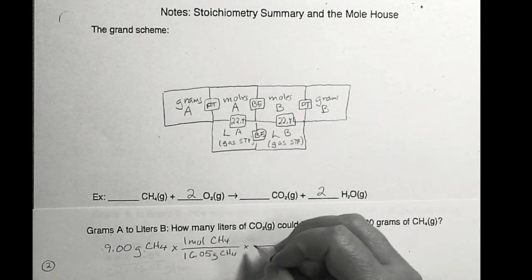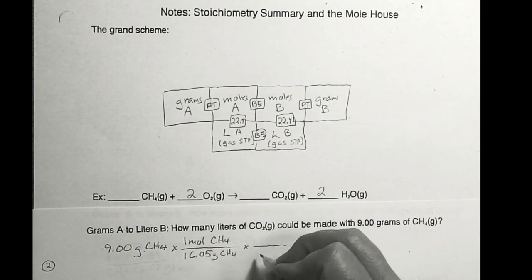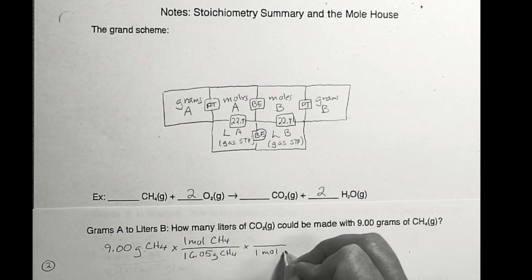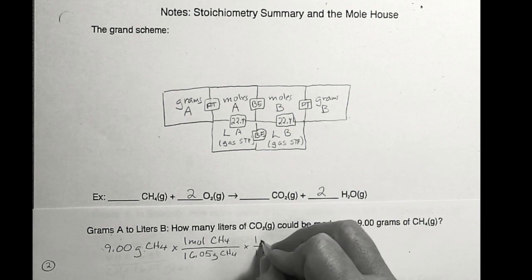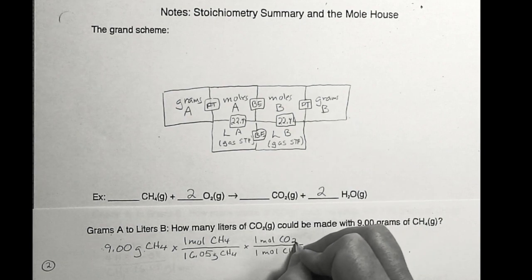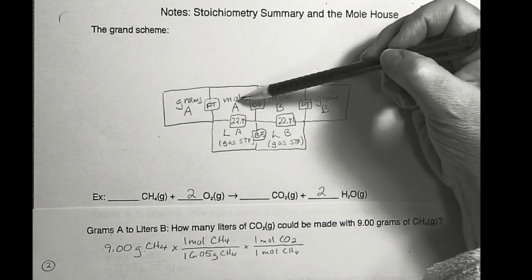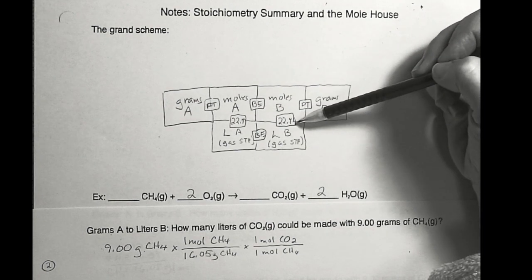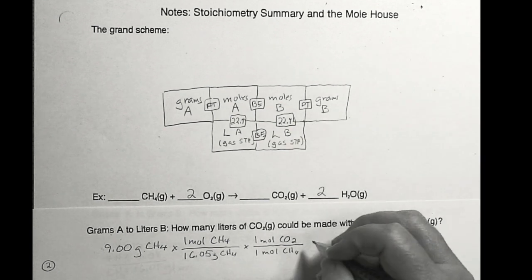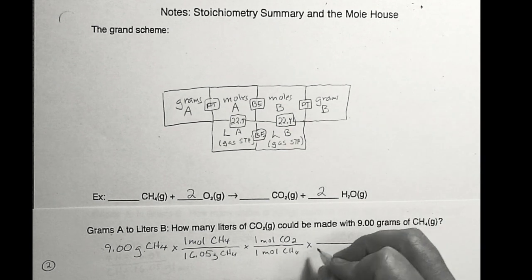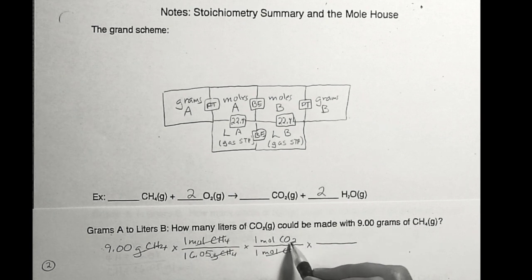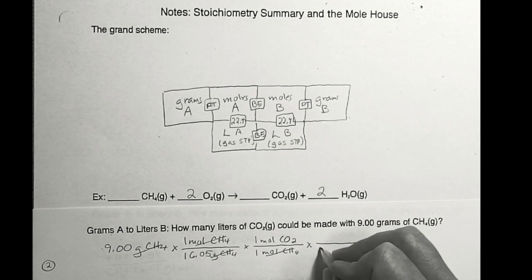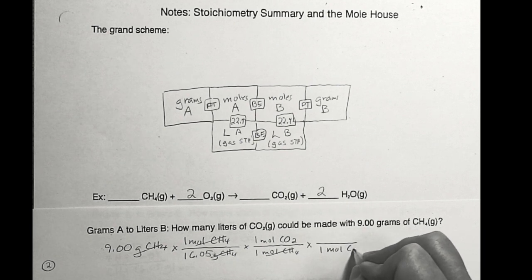So I'm going to say that 1 mole of CH4, and this is from the balanced equation, will produce 1 mole of CO2. So now I've gone from grams to moles to moles. Now I'm going to use the 22.4 liters per mole to get to liters of B, or liters of the CO2. So keeping track of what's canceled out, 1 mole of CO2 is on the top, so I want my 1 mole of CO2 on the bottom.